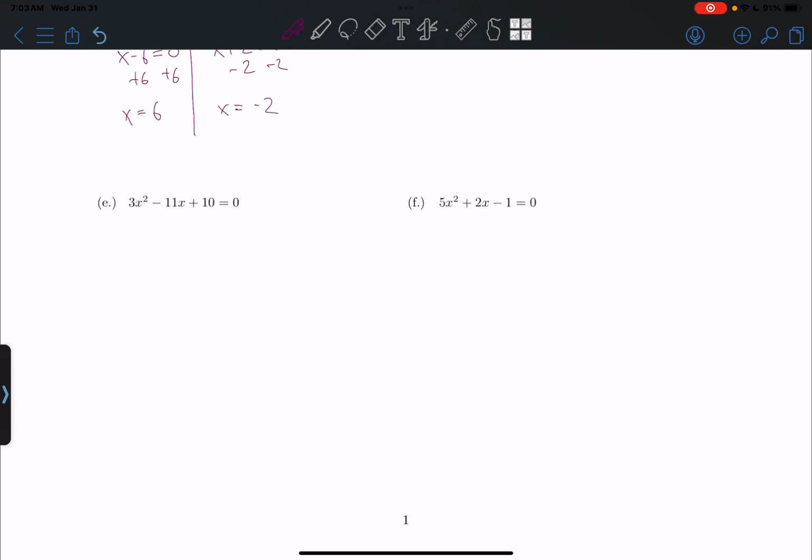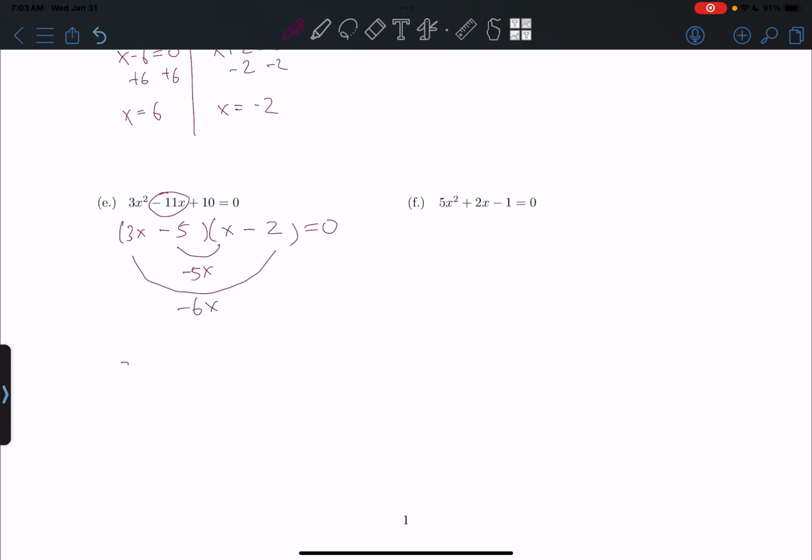This one too, you can definitely try to factor, or if not, you can use the quadratic formula. Let's go ahead and try to factor here real quick. Just factor by guess and check. Looks like this is the right factor. We can double check. Right, these two add up to be this number right here.